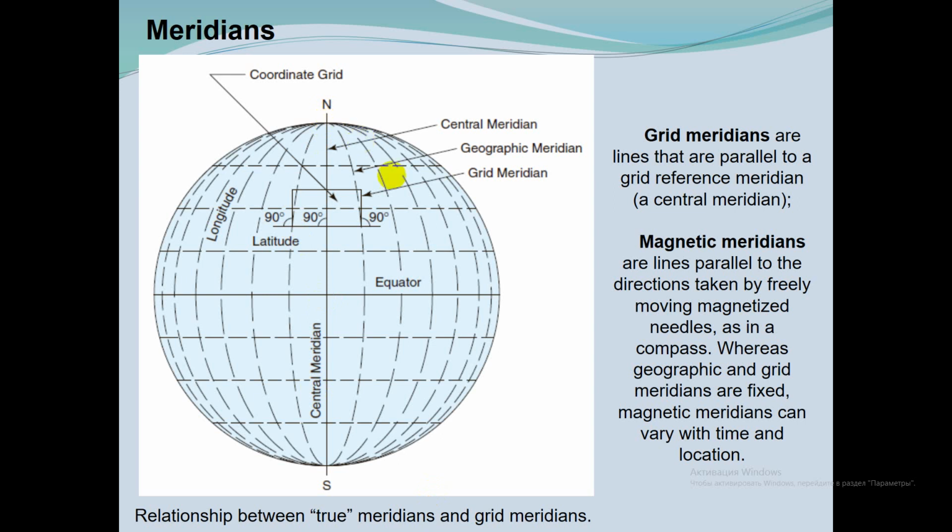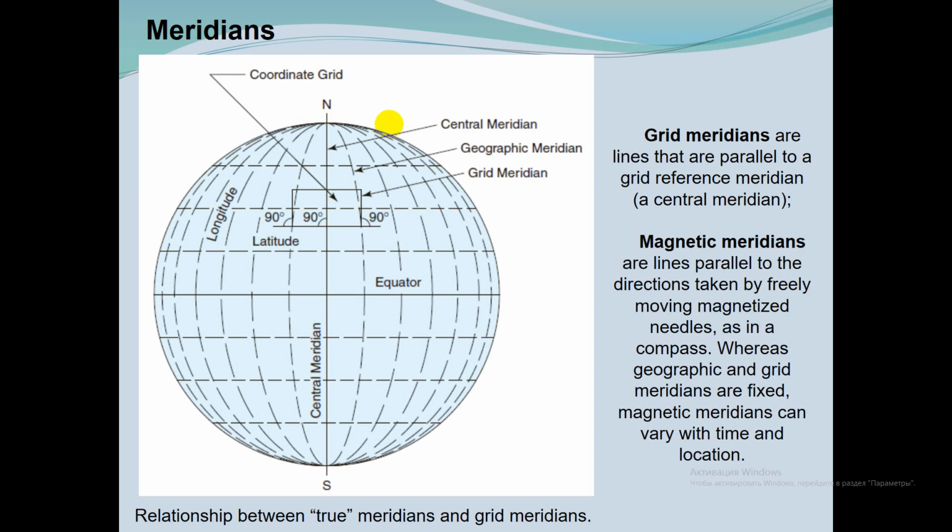A grid meridian can be established by tying into an existing survey line whose grid direction is known, or whose direction can be established by tying into coordinate grid monuments whose rectangular coordinates are known.